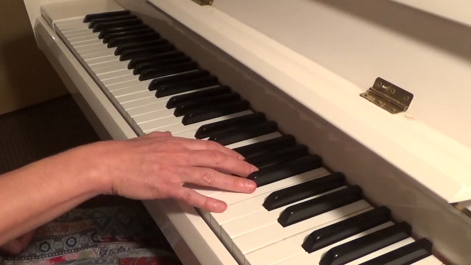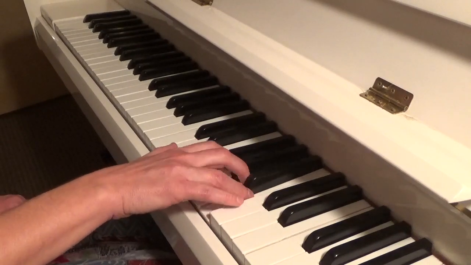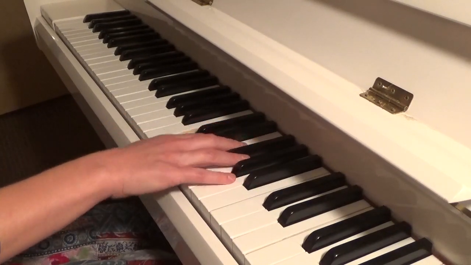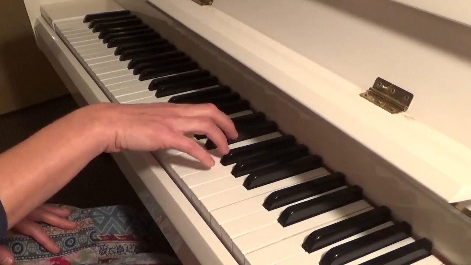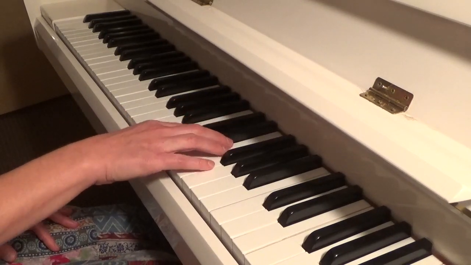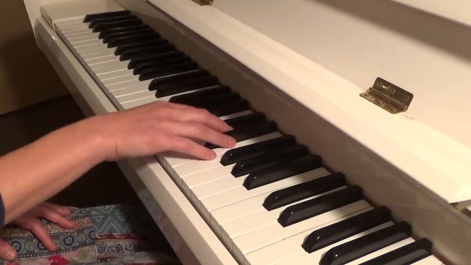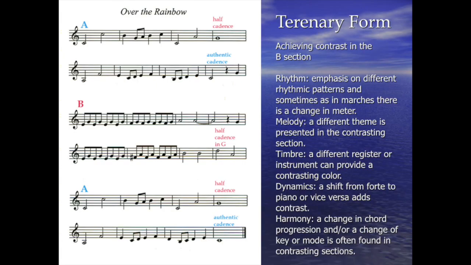We're going to restate A. And see the first phrase ends on G, a little bit up in the air. And now the last phrase of A ends nicely on tonic. So ternary form, three-part form, it's very rare that you have an A section, a B section, and then a C section. It's typically going to be A, B, A.